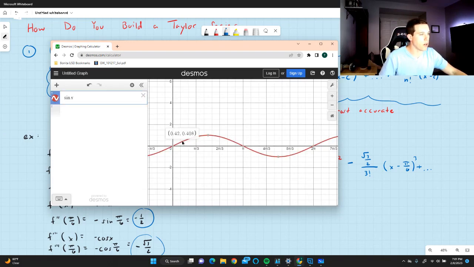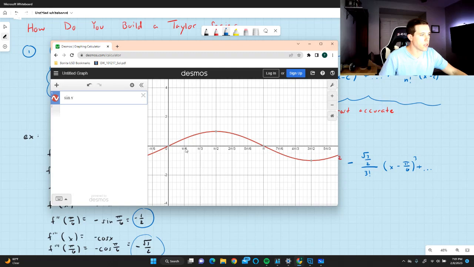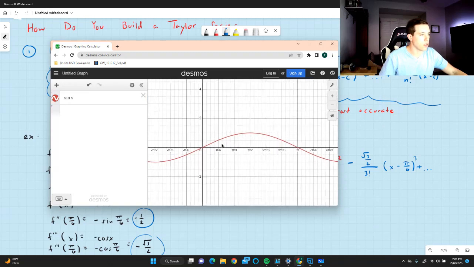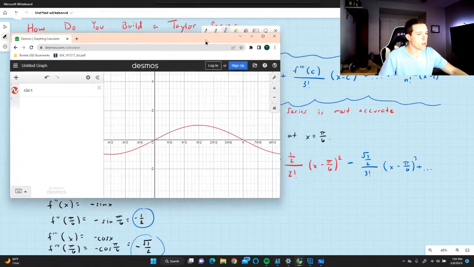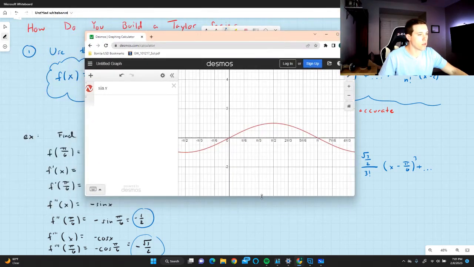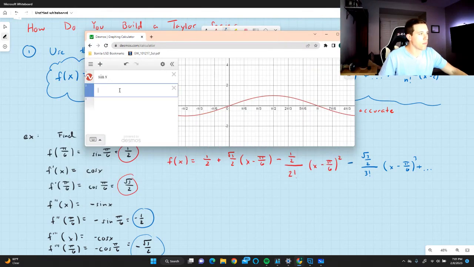Okay, so remember, we're centering it at pi over 6. Pi over 6 is right there. So this thing I'm about to graph should be super accurate in this area and then get worse as we go off, because I'm only going to do third degree. So how do I get this out of the way? Let's do this. All right, here we go.